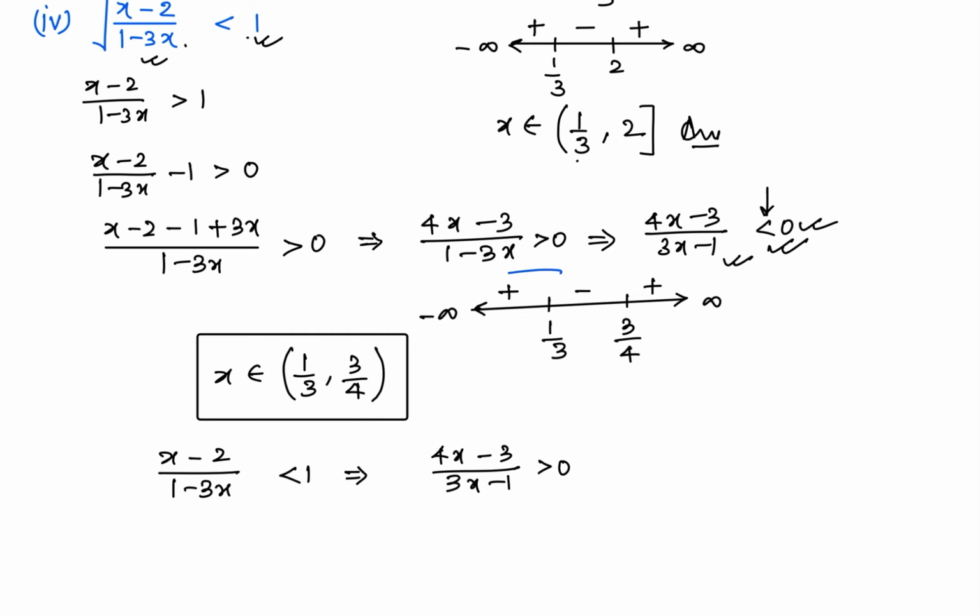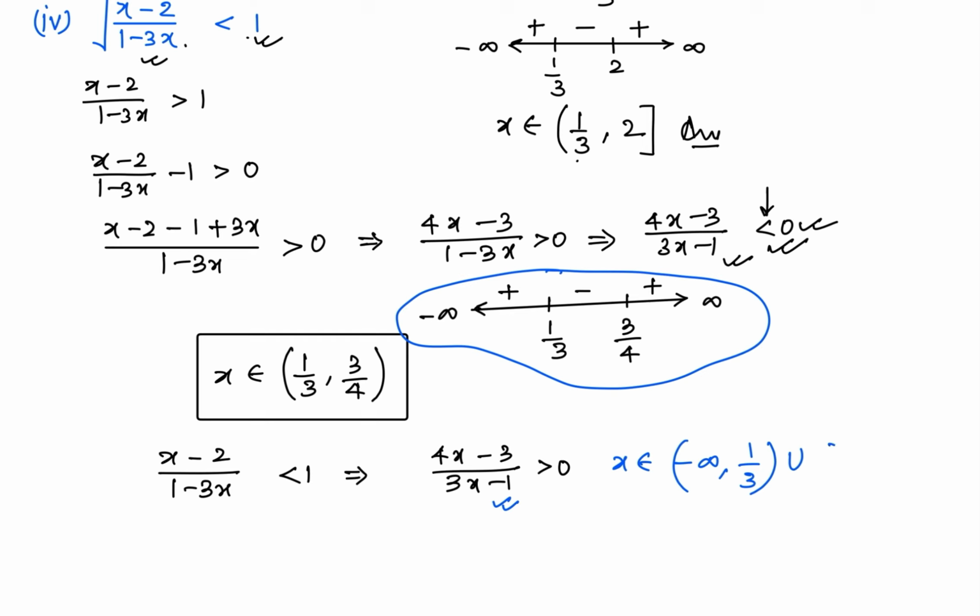So we can consider this wavy curve here also. We will get only those intervals which are greater than 0. So here we can say that x belongs to minus infinity to 1 by 3 union 3 by 4 to infinity.